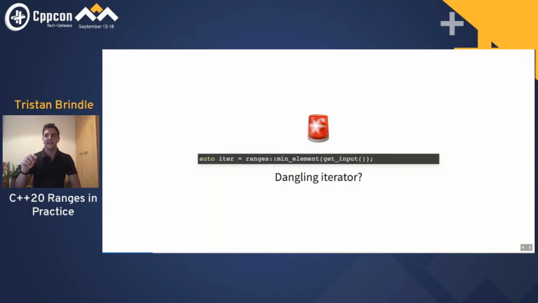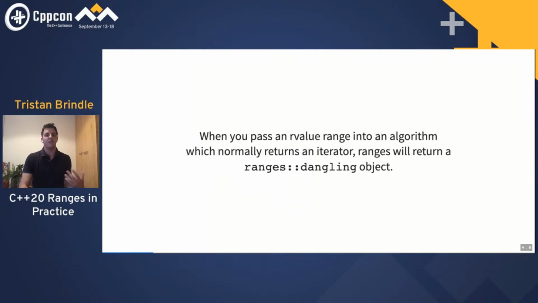And what happens in this situation is that when you pass an rvalue container into an algorithm like min element that returns an iterator, or would normally return an iterator, what ranges does is it changes the return type so that instead of returning an iterator, it returns an object of type ranges dangling.